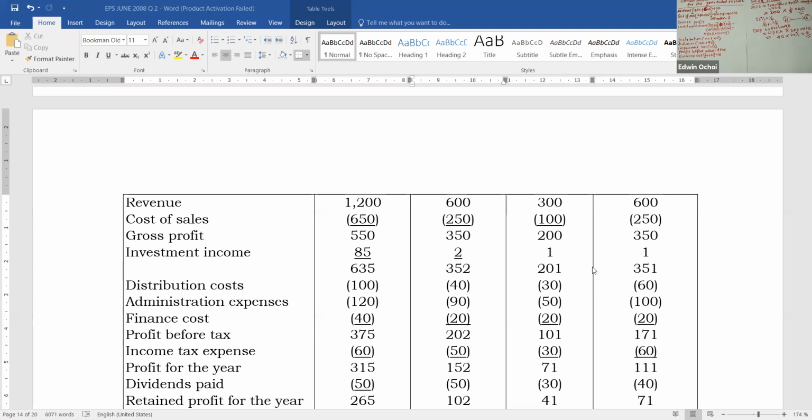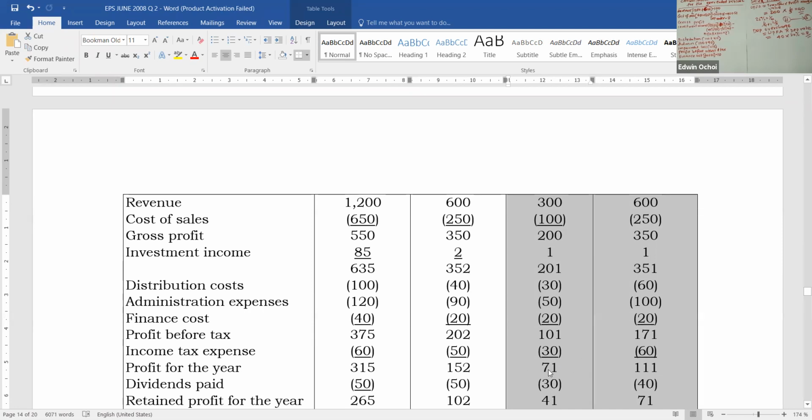So after these associates and joint ventures have paid tax, we get profit after tax of 71 and 111. So this and this. So the parent will requisition his share.